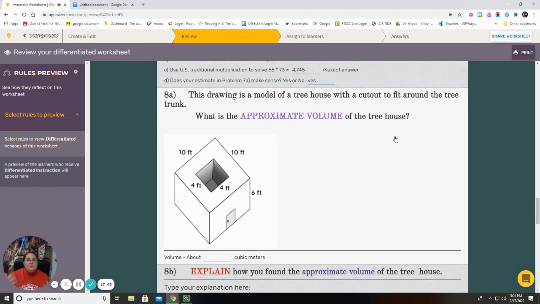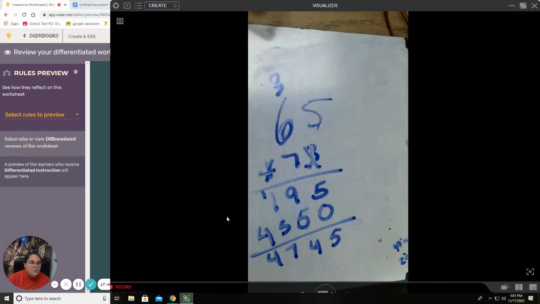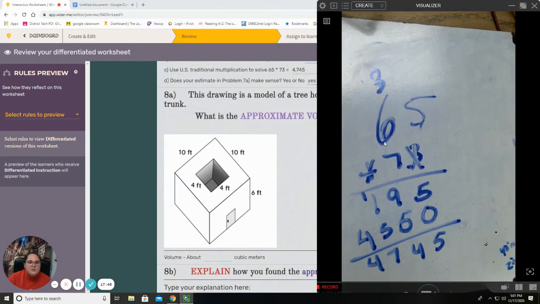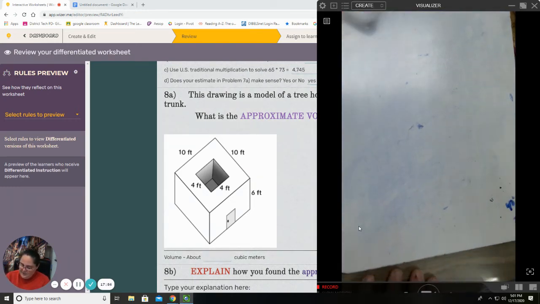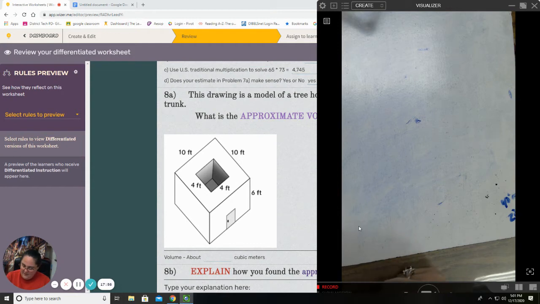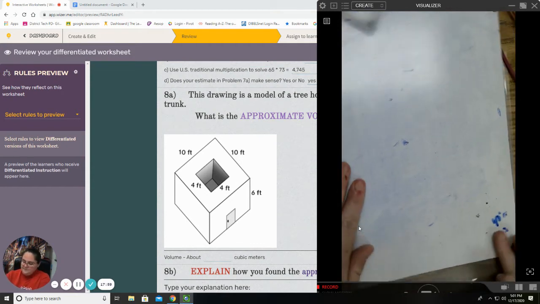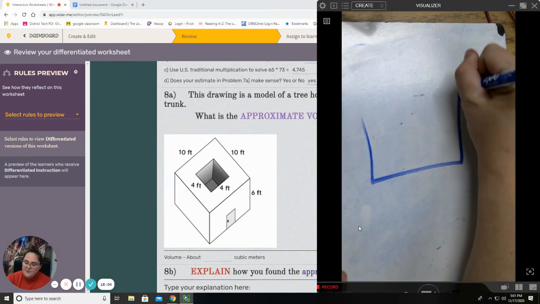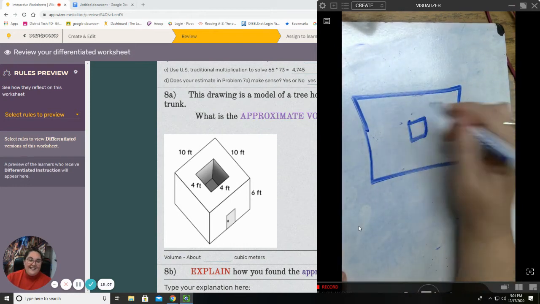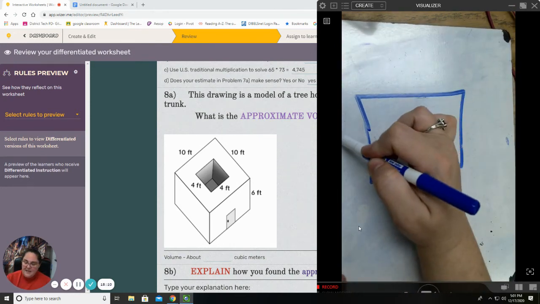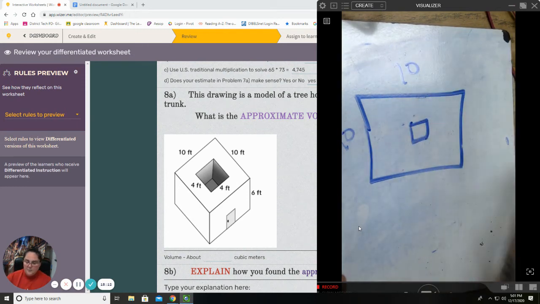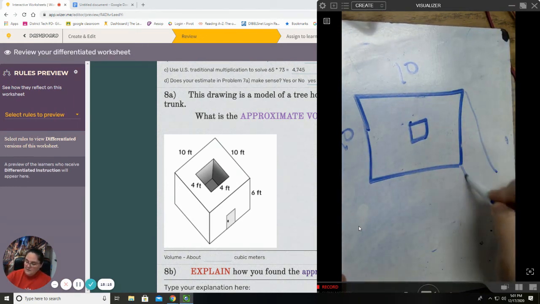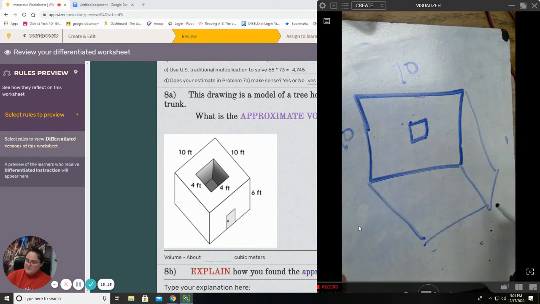So the way that I would do this question, and I'm going to bring my little whiteboard back up, is I would do the volume of my outside box first minus my inside box. So we have 10 by 10 by 6.